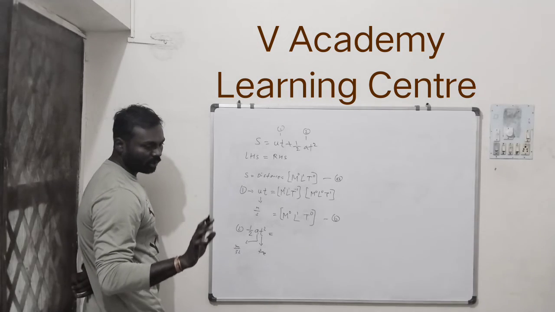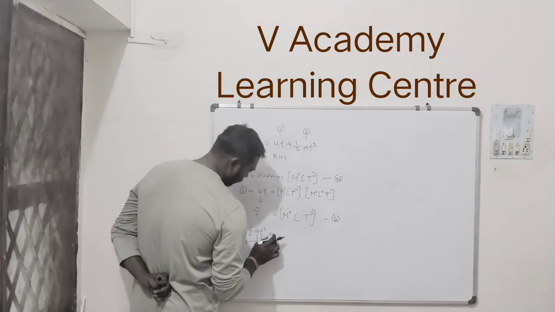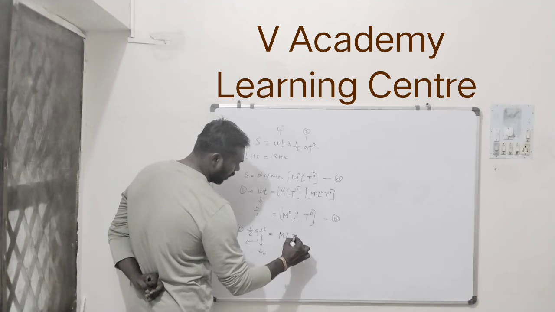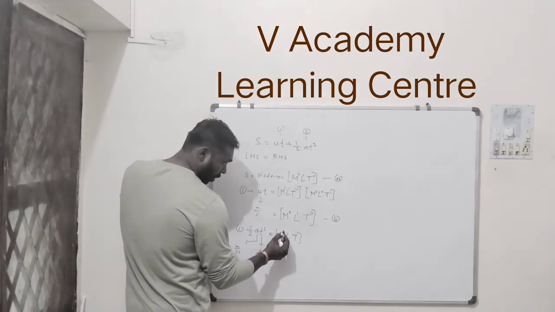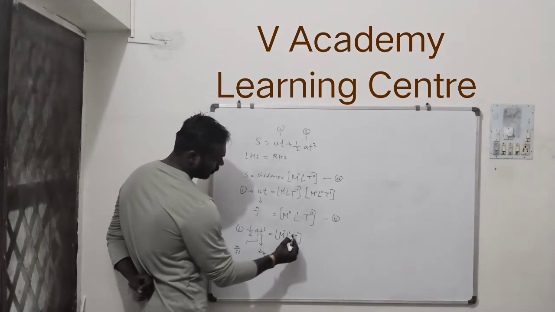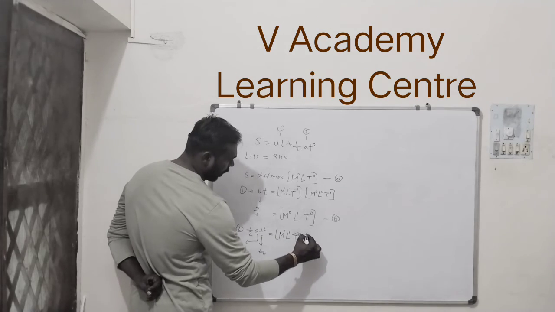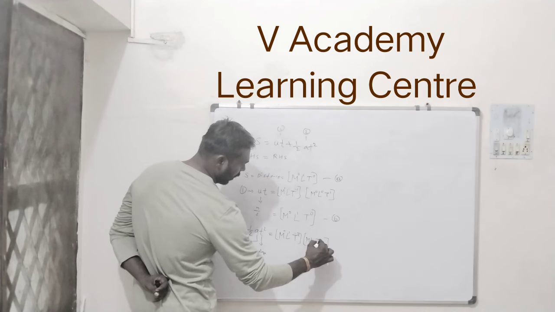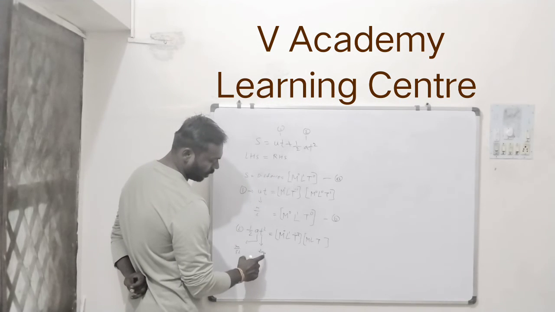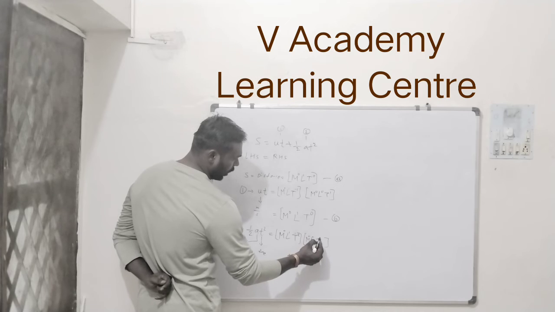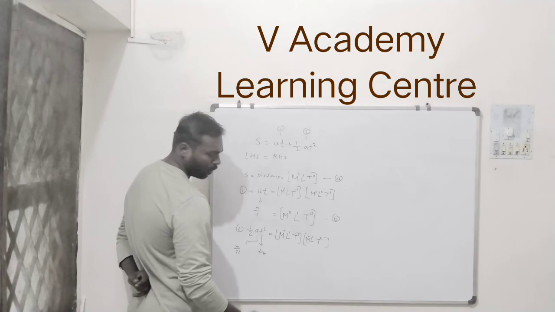Half is a magnitude; you won't consider it. The dimensions of a, please: M to the power of 0, L to the power of 1, T to the power of minus 2. Again for t square: second term, M0, L0, T to the power of 2.